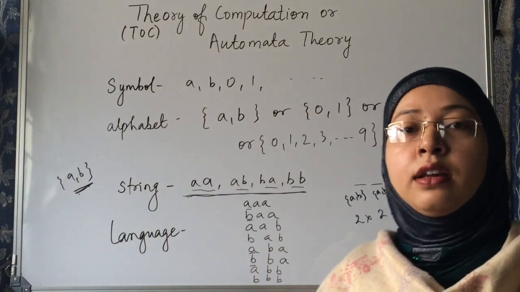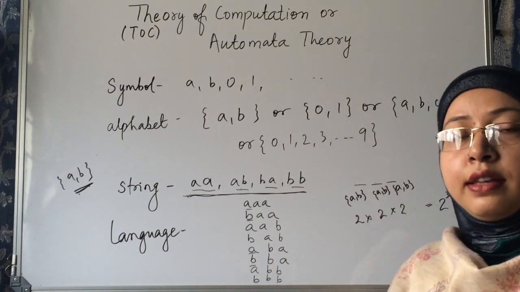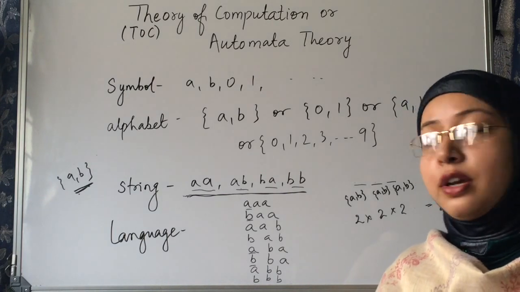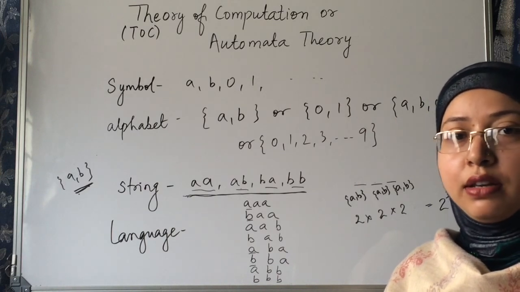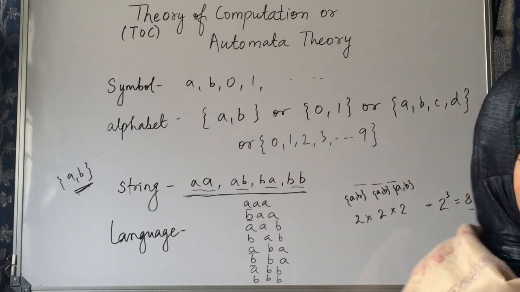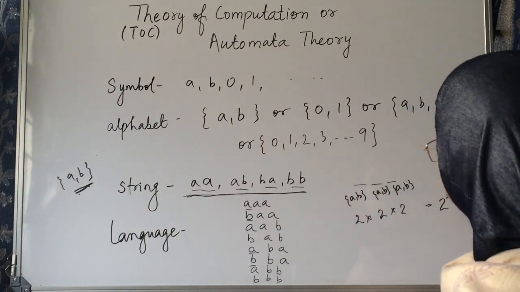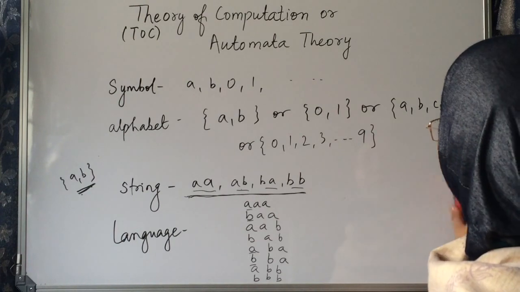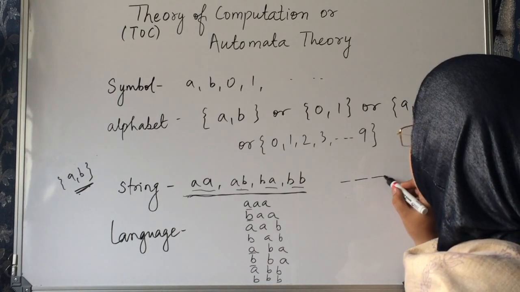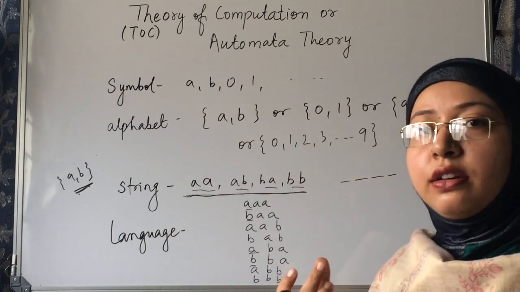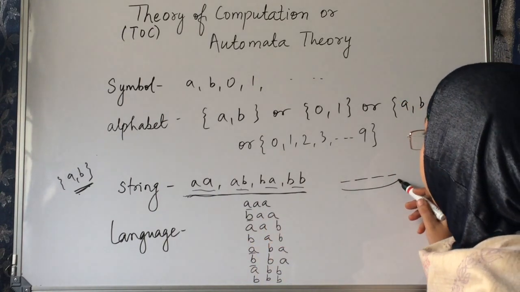Now if I ask how many strings are possible of length 4 using this alphabet A comma B only, then also you have to find the strings of that length. Here the length of the string is 2, here it is 3, and now you have to find for length 4.